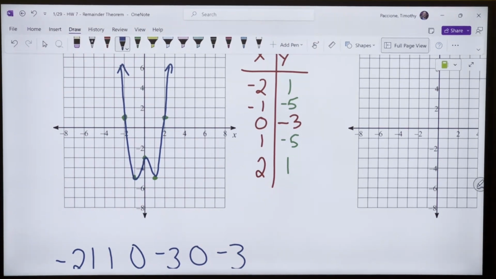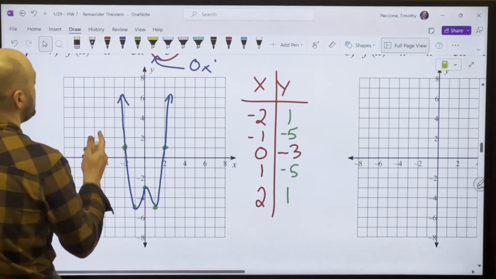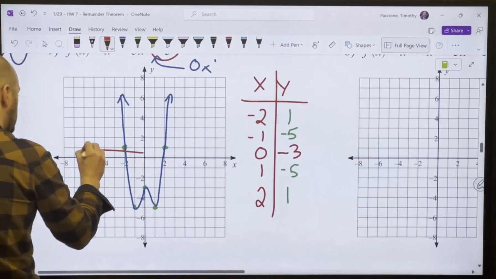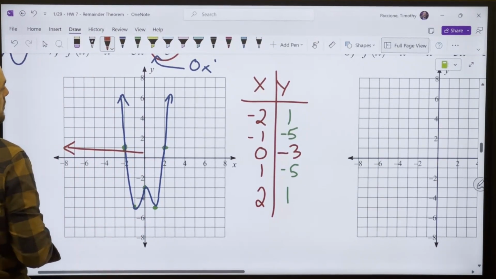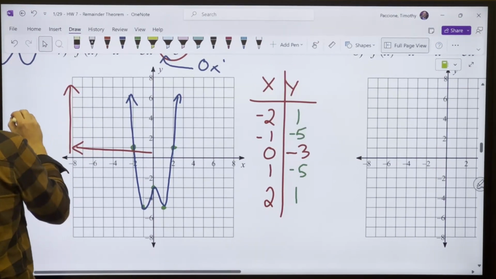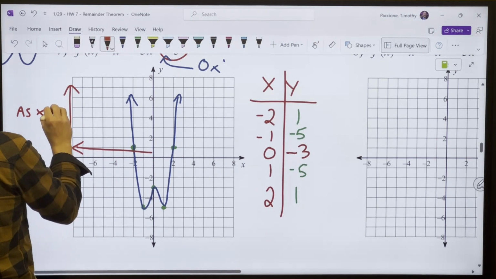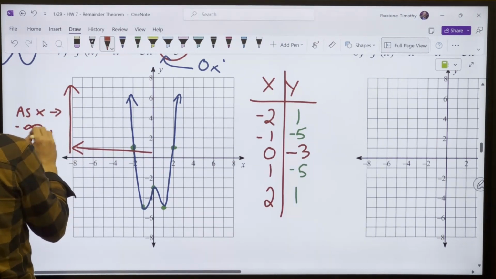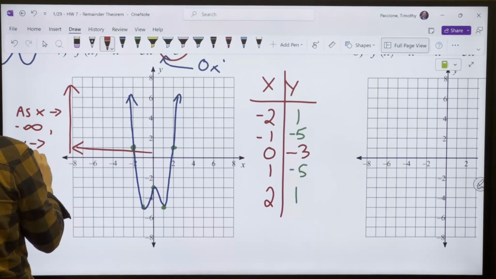Now, the last piece of this homework asked you about end behavior. Remember, I'll do that real quick. As this goes to -infinity, where does y go? Positive infinity. So you would say as x goes to -infinity, y goes to positive infinity.